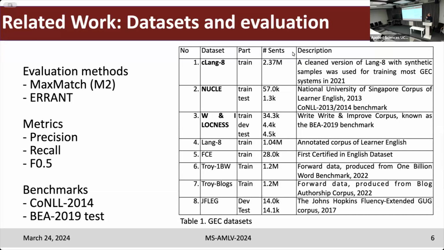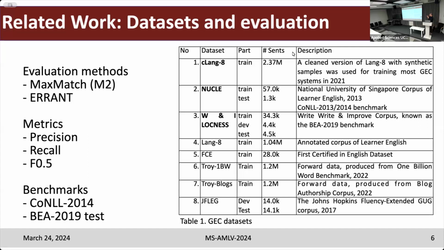As datasets, there is a bunch of them, but after investigating the recent state of the art approaches, we selected three of them. This is C4_200M, the largest one, which consists of synthetic as well as human annotated pairs of sentences.